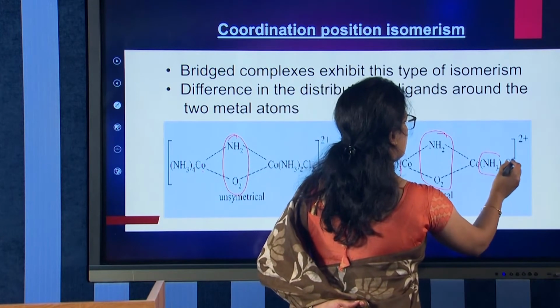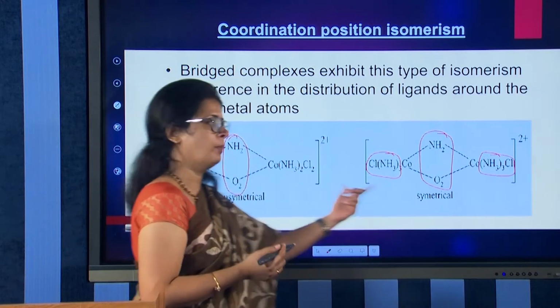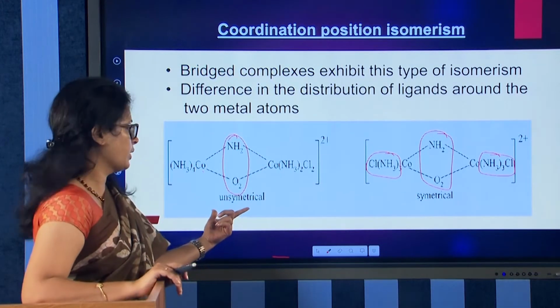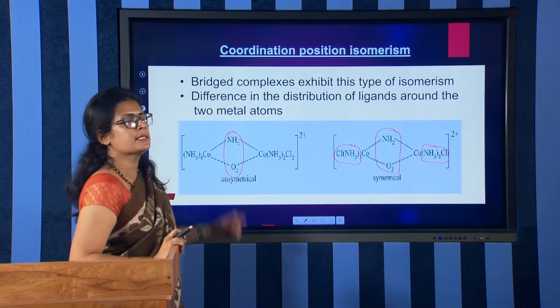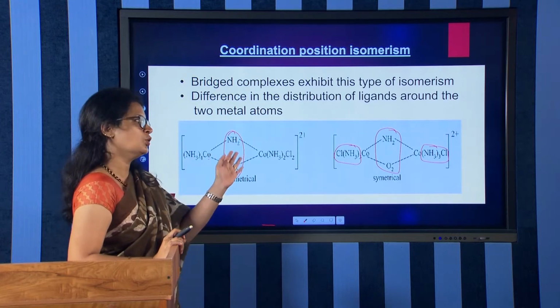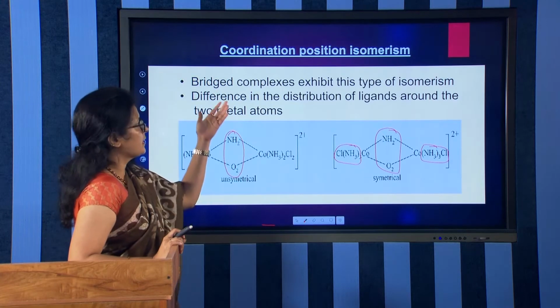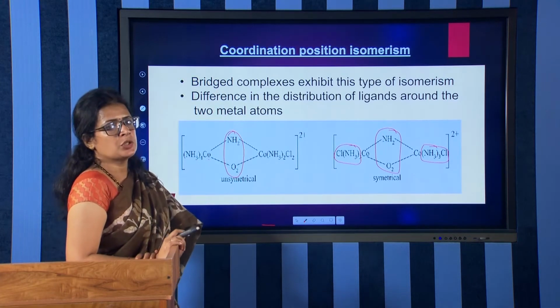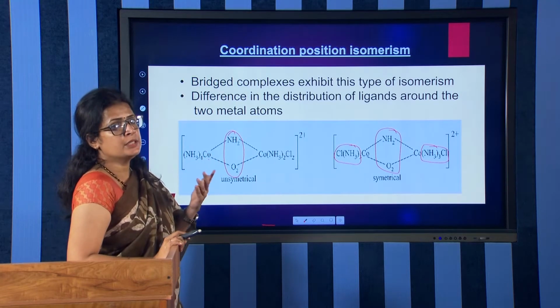The ligands are the same on both sides. That is why it is a symmetrical bridged complex, while the other can be called an unsymmetrical bridged complex. Both the complexes are different. What is the difference? The arrangement of ligands between the two groups. One is symmetrical and another is unsymmetrical. These are examples of coordination position isomerism. This type of isomerism will be shown by bridged complexes.